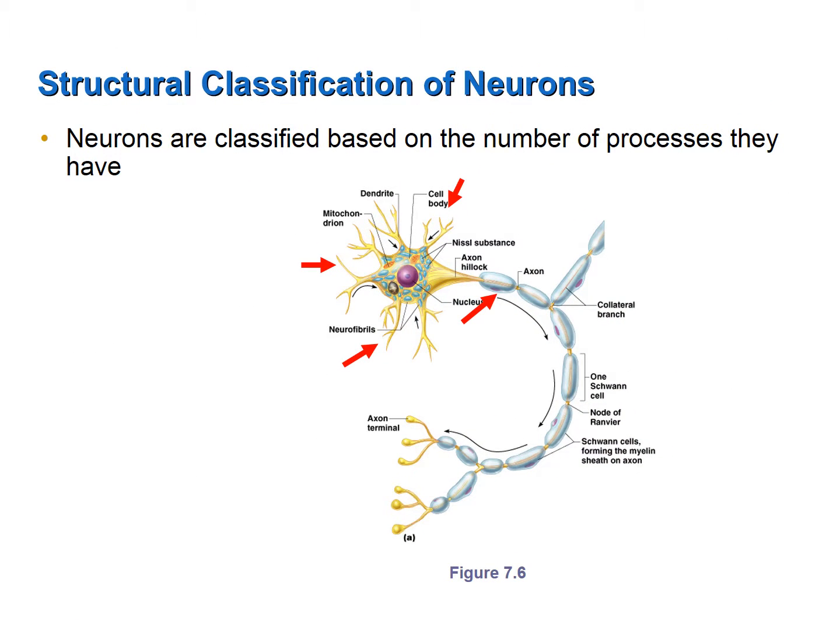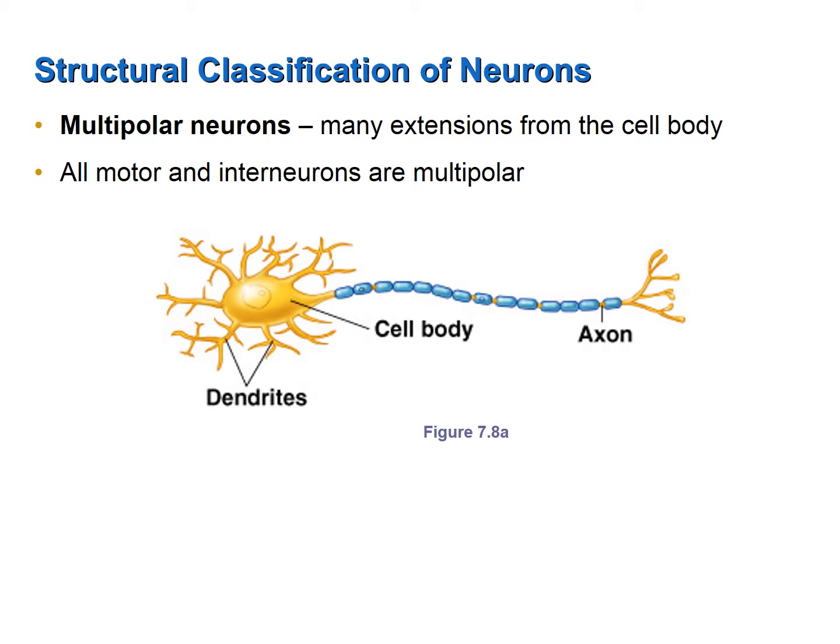Neurons are also classified structurally by the number of processes that they contain. Multipolar neurons contain multiple extensions from the cell body. If you look at this figure, you can see that while there's only one axon, there are many dendrites. So this is a multipolar neuron.